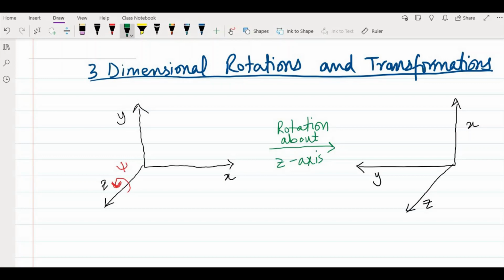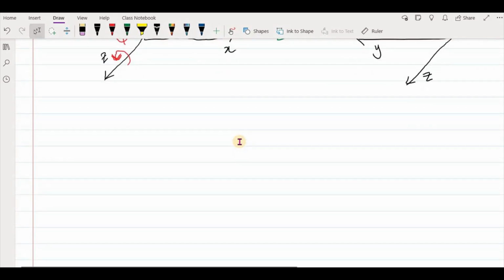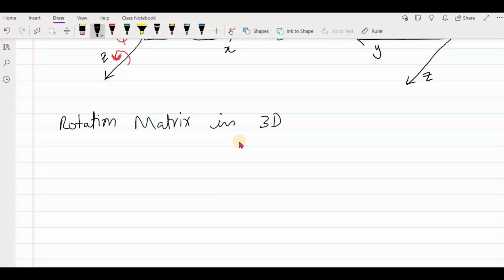So how can we write now its rotation matrix? So its rotation matrix will look like this.